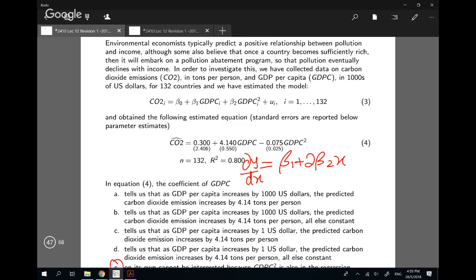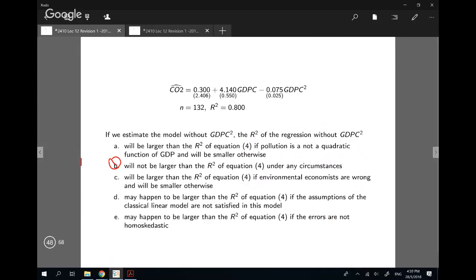It should be this: dy/dx. You should combine both of those coefficients, and that's the marginal change. So be careful. If you just focus on that, you won't notice that you have GDPPC square over there.